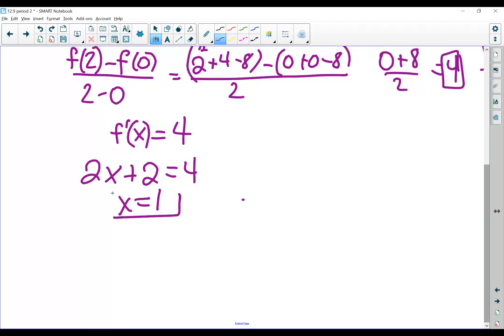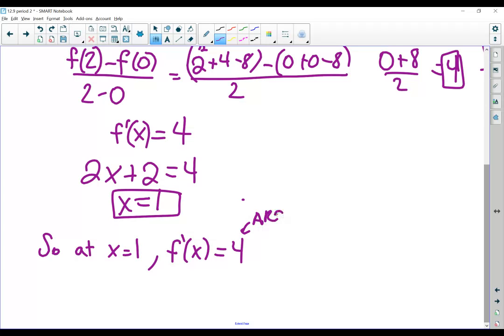Okay, so did we find where it happens? Yes. We found the AROC and then set f prime of x equal to the AROC to locate what x coordinate we have. So at x equals 1, f prime of x equals 4. And 4, again, is the AROC of the situation.